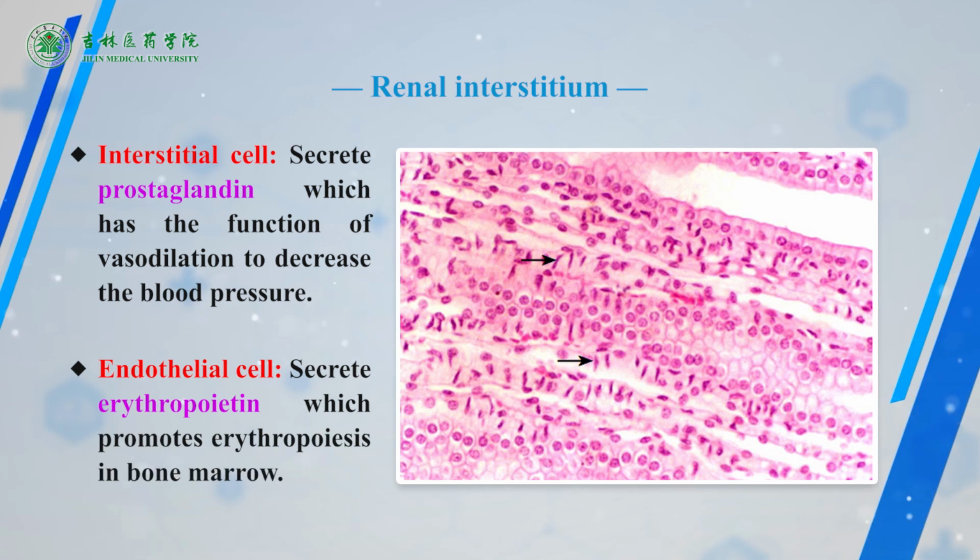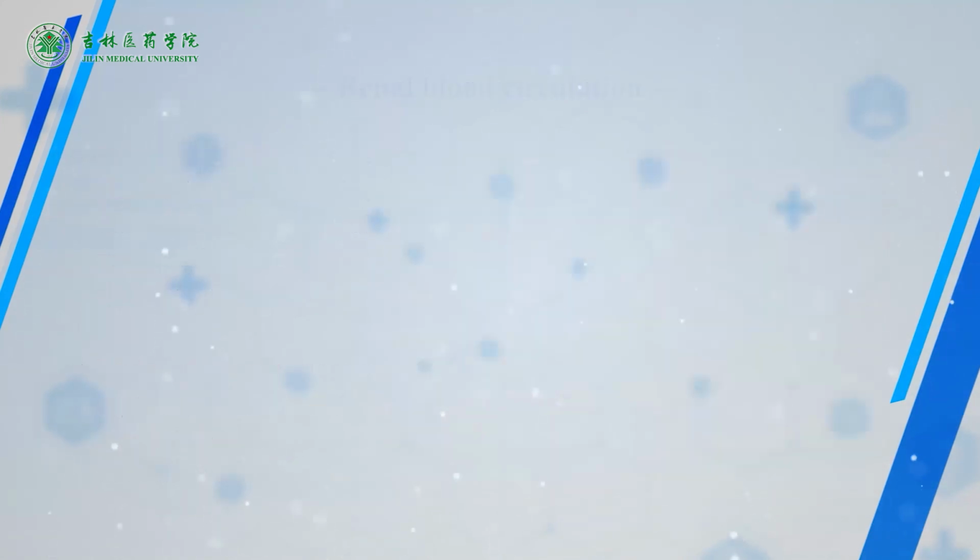Endothelial cells of the blood vessels can secrete erythropoietin, which promotes erythropoiesis in bone marrow. In the late stage of nephrosis, the production of erythropoietin is reduced. Anemia is usually caused.